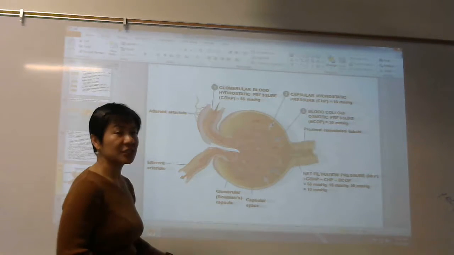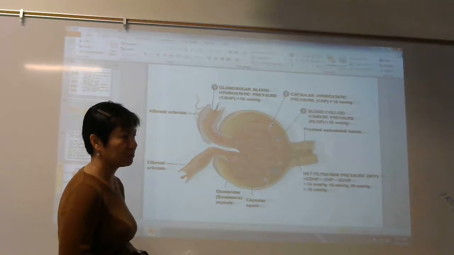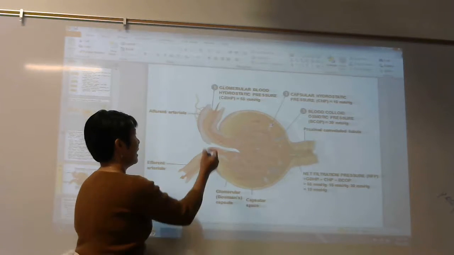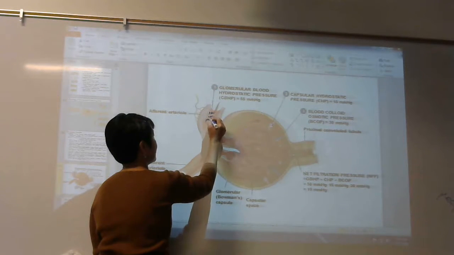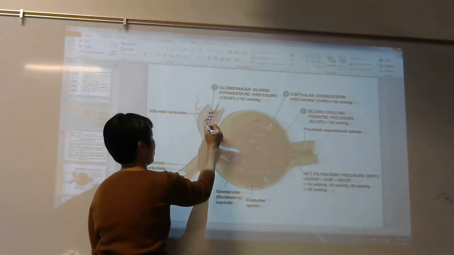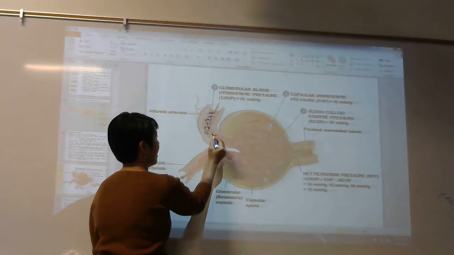Now, let's look at what is in the blood. Let's remember what's in the blood, right? You have your RBC, right? White blood cell, your platelets, your albumin, your globulin, fibrinogen, plus my water, my waste.